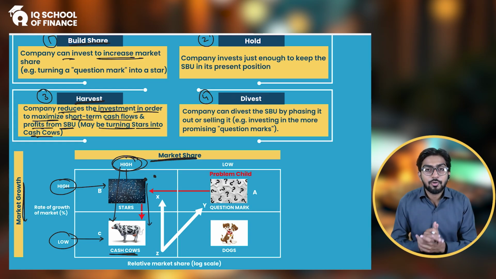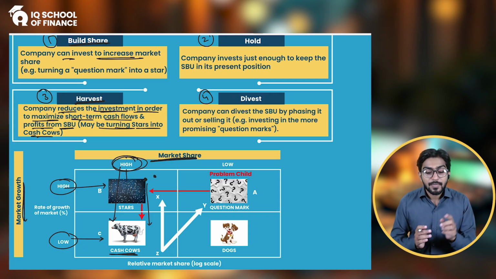Again, you will try not to invest into the product because it is no more a star. Now it has shifted to the cash cow category. So if it is in the cash cow category, harvest the profit and the cash flows from it. Do not invest significantly into it.